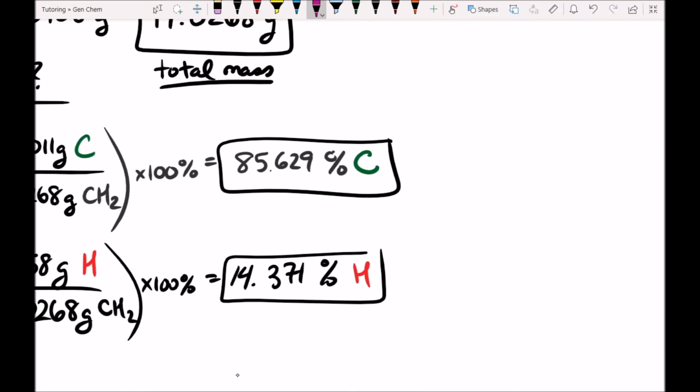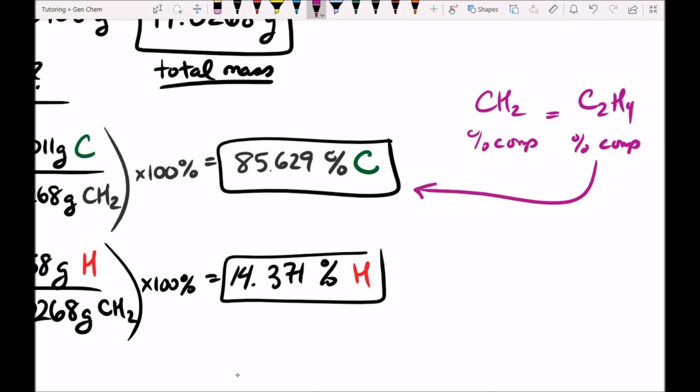And of course, the percent composition of CH2 is the same as the C2H4 percent composition. So C2H4, ethylene, which is what we started with, has a percent composition of 85.629% carbon and 14.371% hydrogen by weight.